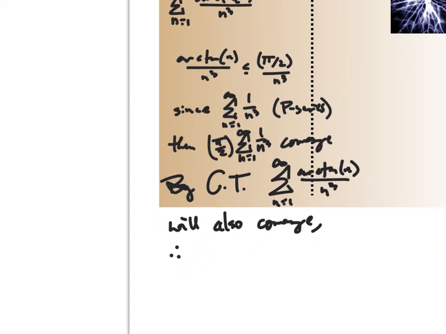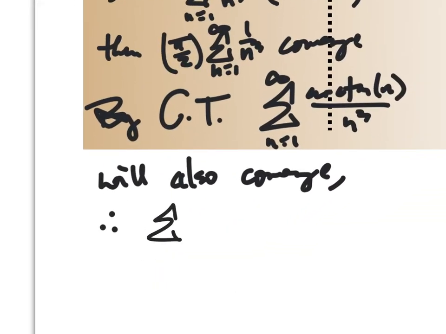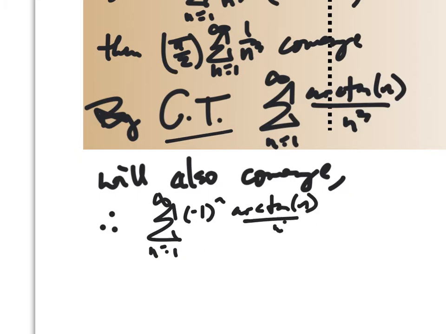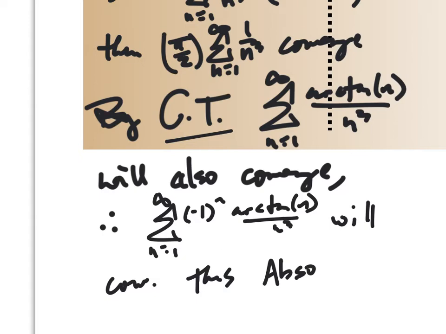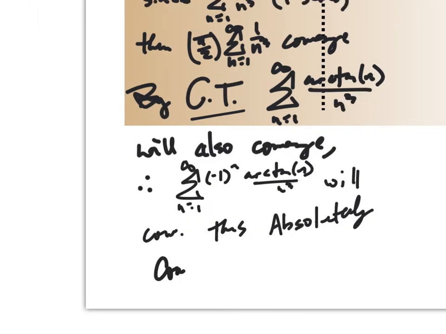Therefore, its alternating series, negative 1 to the n, arctan of n over n cubed, will converge, and thus would be absolutely convergent. Awesome. Those are really good examples.